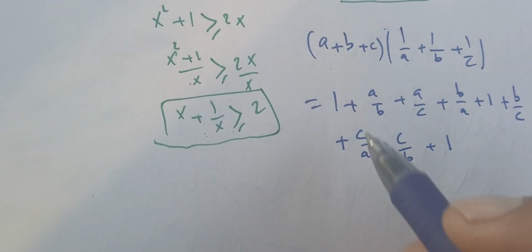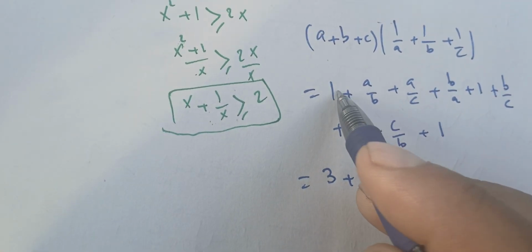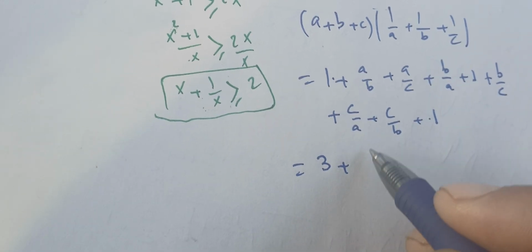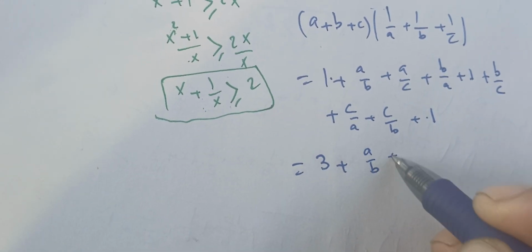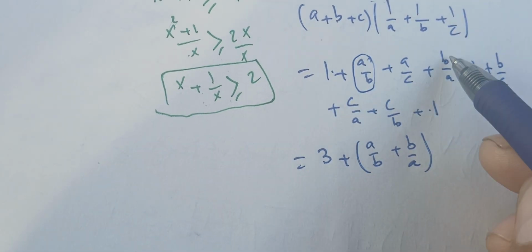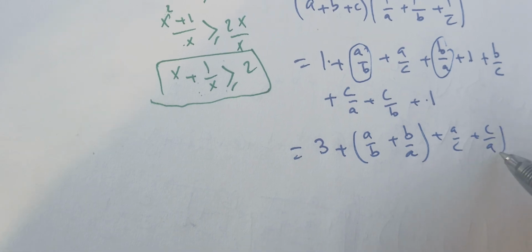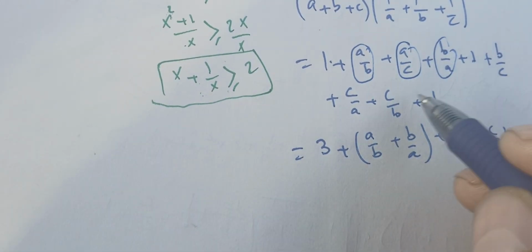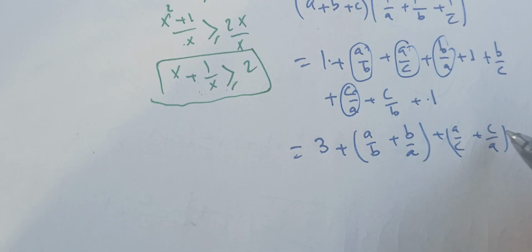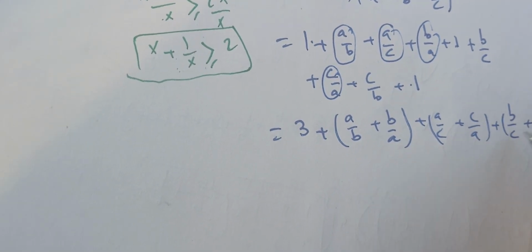So this is 3, it's 1 + 1 + 1, plus a/b + b/a, so this one with this one, plus a/c + c/a, plus b/c + c/b.